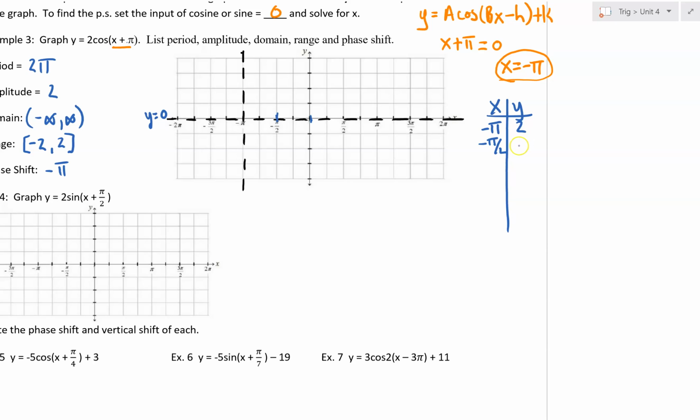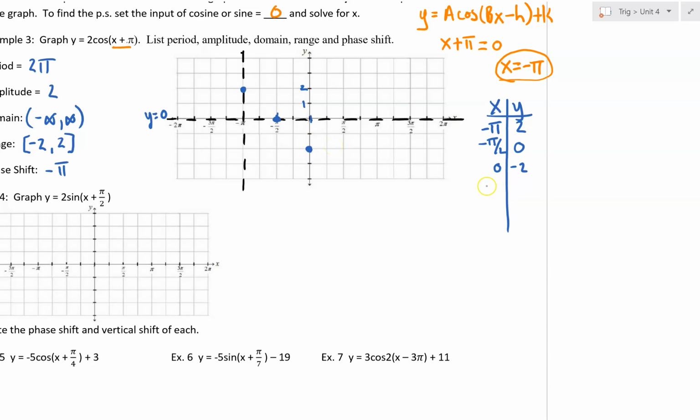Well, cosine at pi over 2 is 0. So I started at 2. I'm going to put a 2 here. I started at 2, and now I'm down to 0. And the next value I should put in, well, I should put in 0 now. When I put in 0, it's going to say cosine at pi. Cosine at pi is negative 1 times 2 is negative 2. So now I'm going to go 0, and I'm going to go down to negative 2.